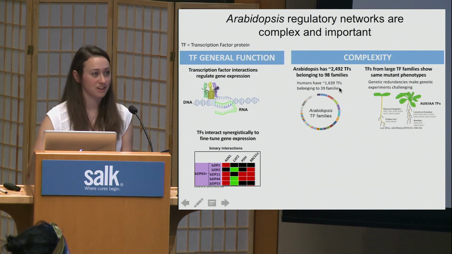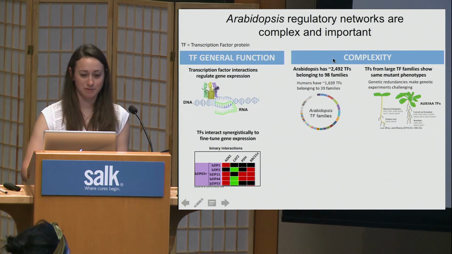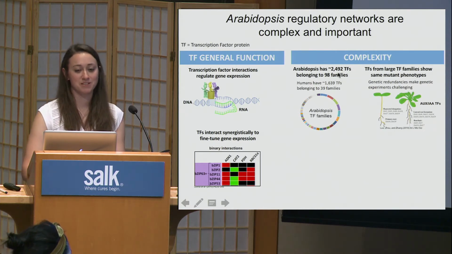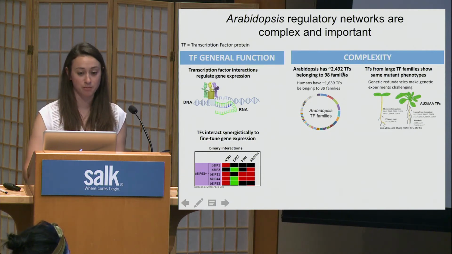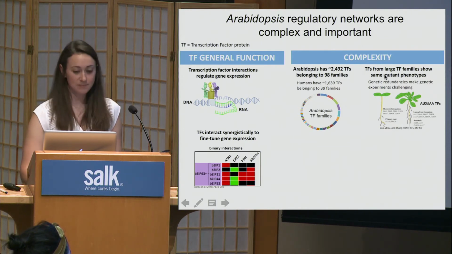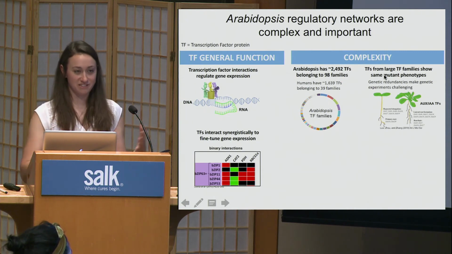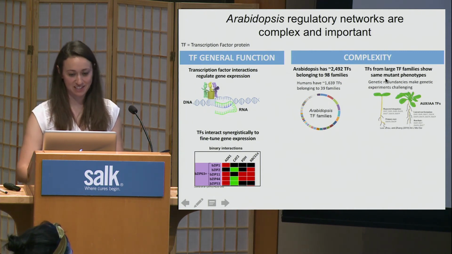Okay, and plant transcription factors have a lot of complexity. So Arabidopsis has almost 2,500 transcription factors that we know about, belonging to 98 different families, while humans have about 1,600. So you can imagine the different interactions that can come together are a lot greater in plants.